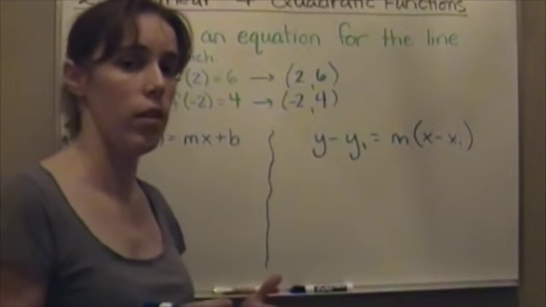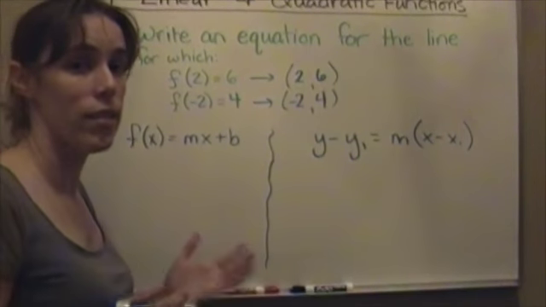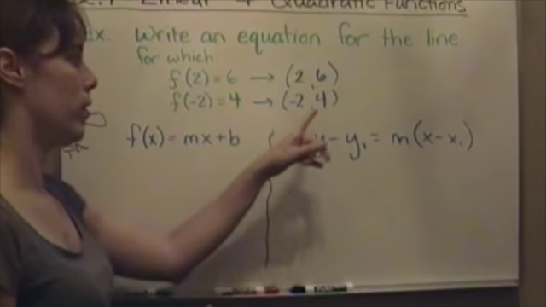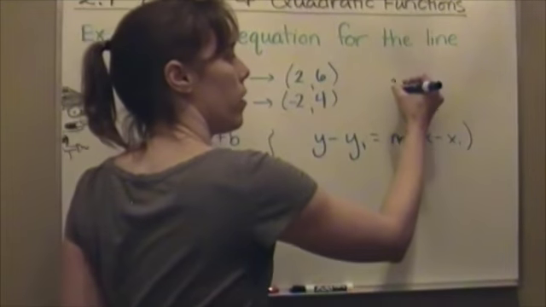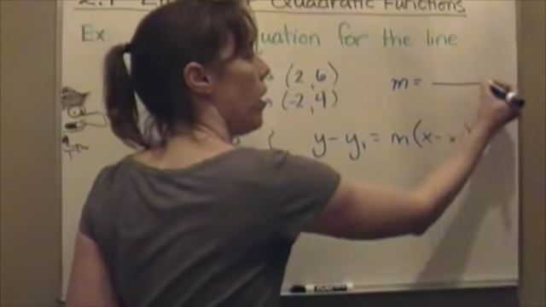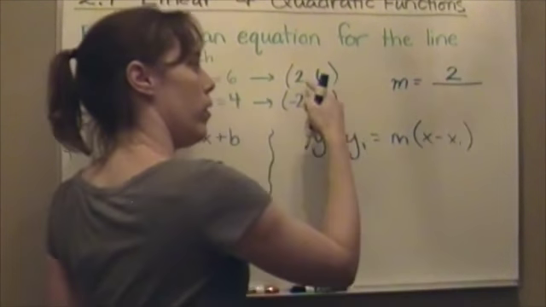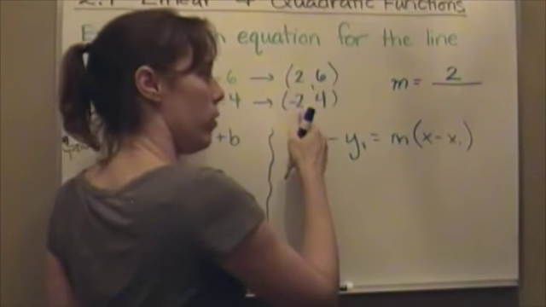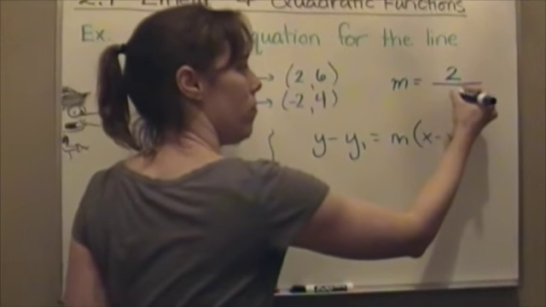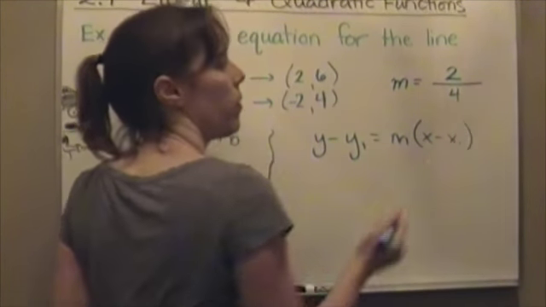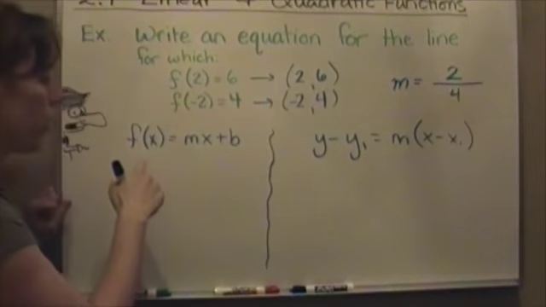So the first step to solving either one of these is to find your slope. Let's take the change in y over the change in x. 6 minus 4, 2. 2 minus negative 2, 4. Well, that simplifies to 1/2. So here we go.